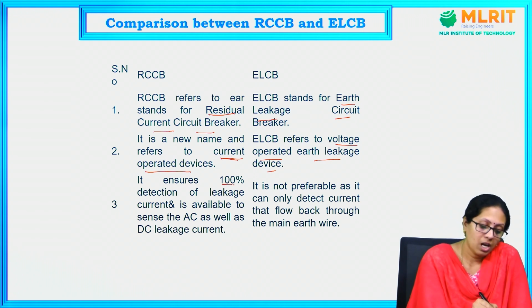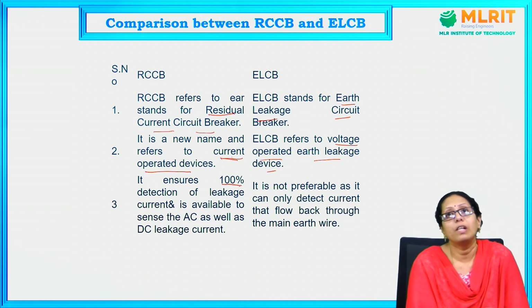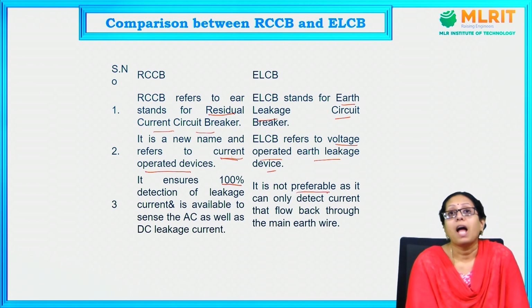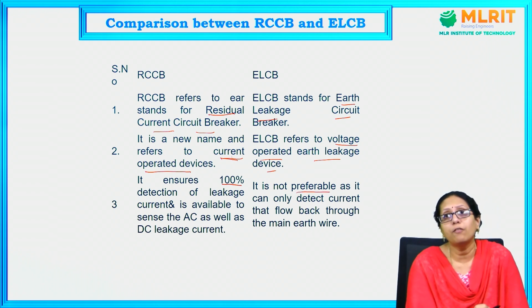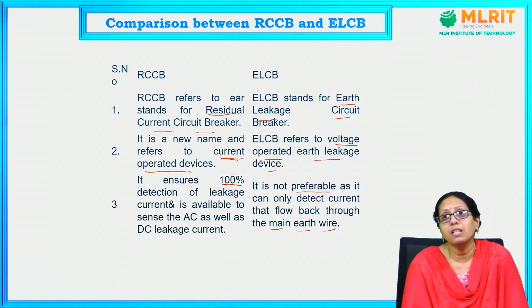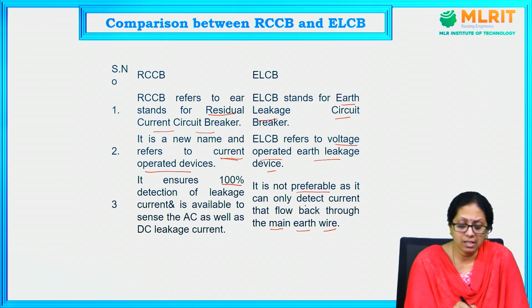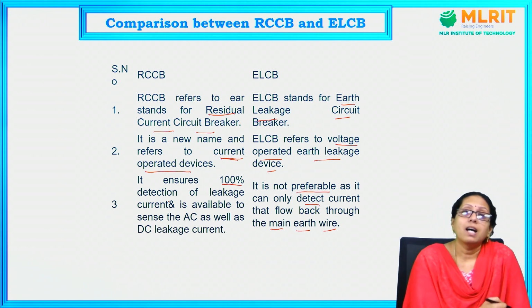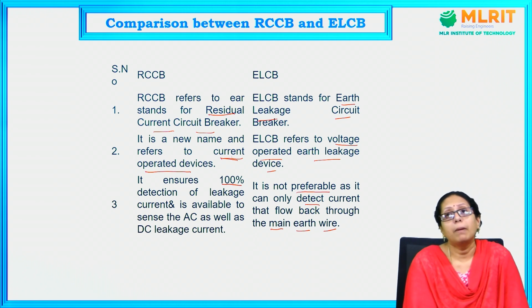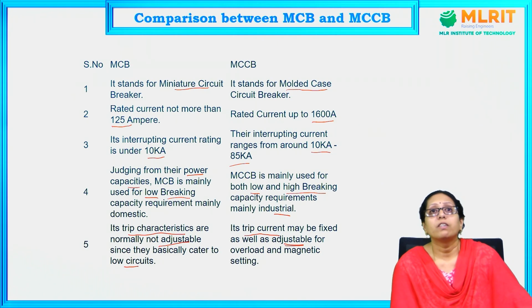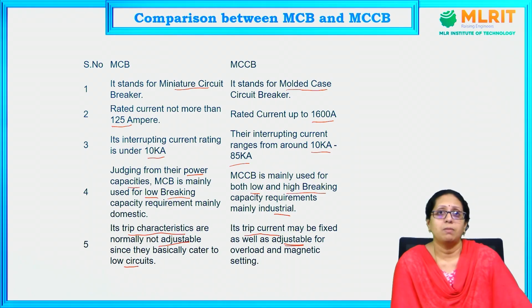RCCB ensures 100% detection of leakage currents, and ELCB is not preferred as it can only detect the current flow back through the main earth wire. If it is connected to the main earth wire, then only it is able to detect. So RCCB is the better option when compared to ELCB. And from the previous thing, here you can see MCCB is more preferred when compared to the MCB.